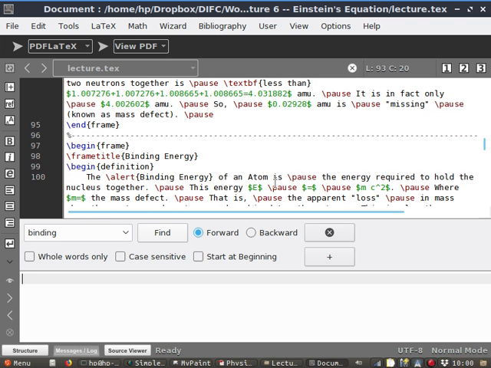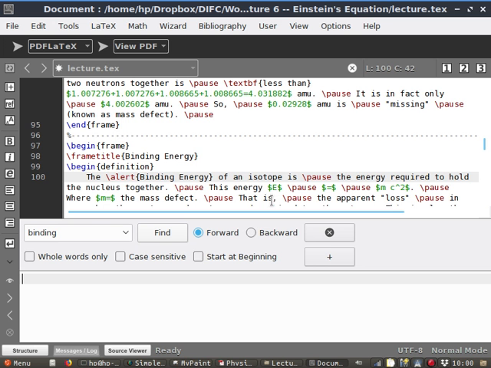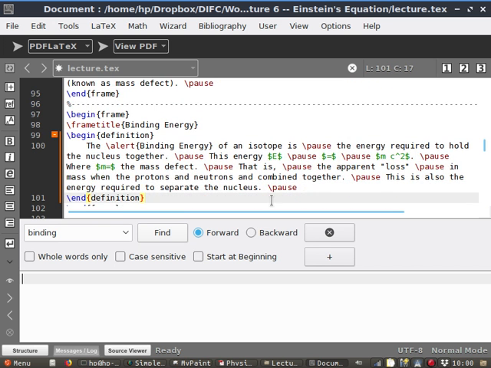The binding energy of an isotope is the energy required to hold the nucleus together. The energy is equal to mc squared, where m is the mass defect. That is the apparent loss in mass when the protons and neutrons are combined together.